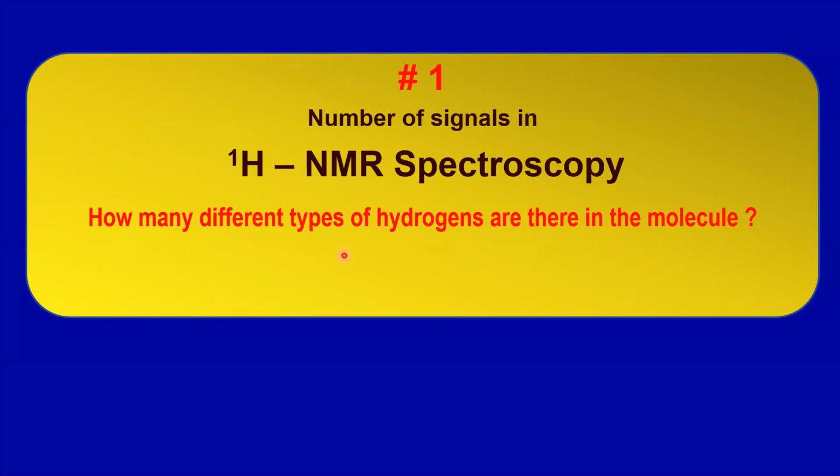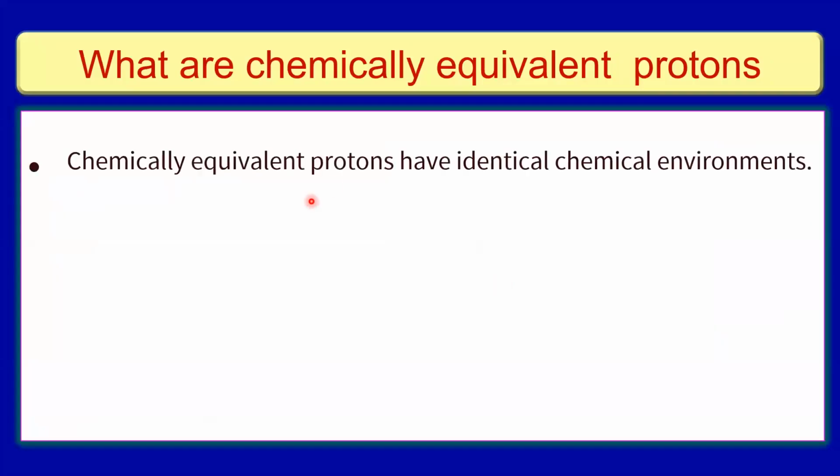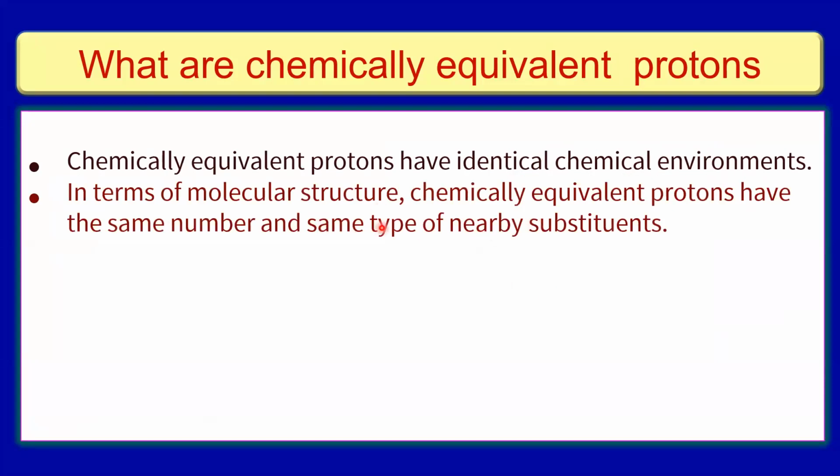It will indicate how many different types of hydrogens are there in the molecule. From this, we will be able to determine the number of equivalent sets of protons. So what do we mean by chemically equivalent protons? The protons that are present in identical chemical environments, with the same number and the same type of nearby substituents.